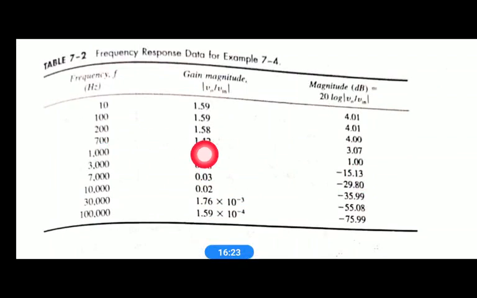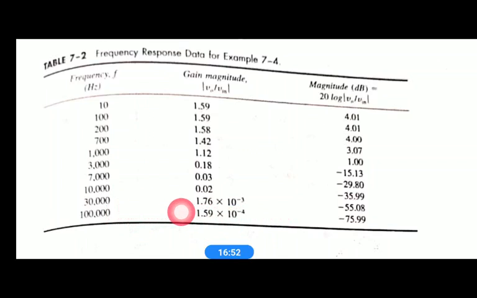Similarly, you calculate it for 700, and then for f equal to fH, the cutoff frequency. You will get a magnitude of 1.12, which is 1 dB of gain. Similarly, for 3000 you get minus 15.13, and you calculate for 7000, 10,000, and 100 kilohertz.